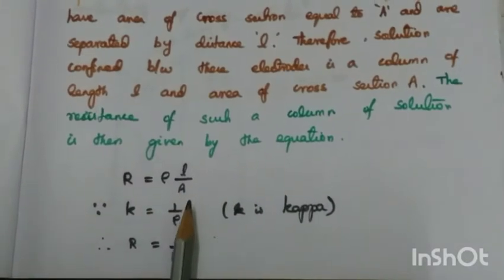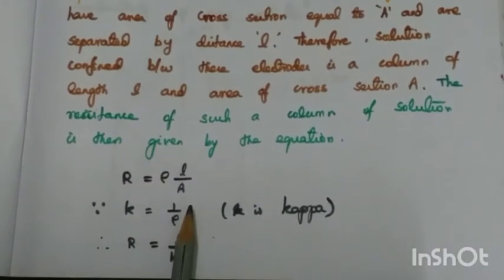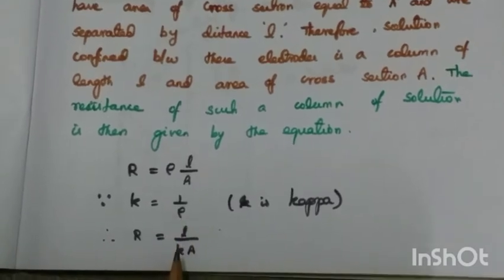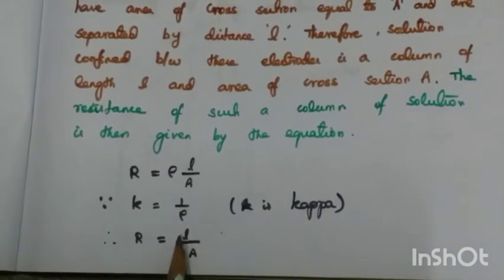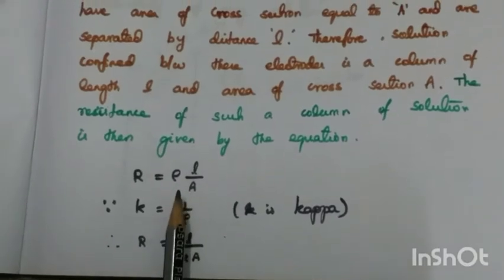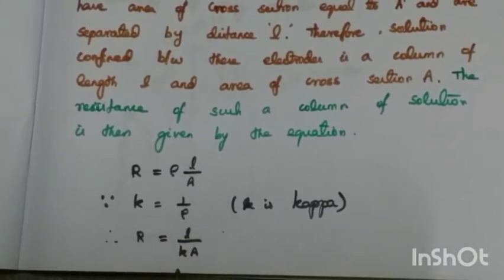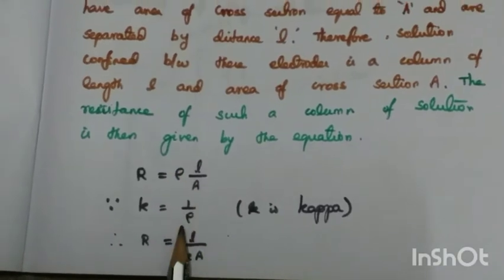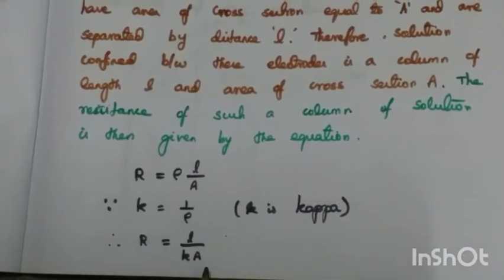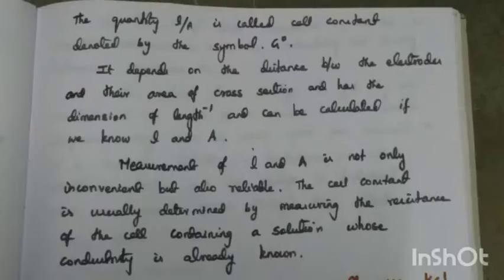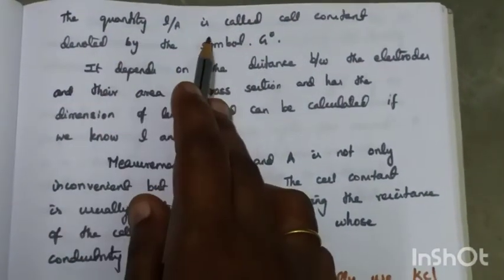We know that formula, no? What is K? K = 1/rho. That means R = L/(K A), that is, 1/K times L/A. K is called kappa. And the next is the quantity L/A. What is this?